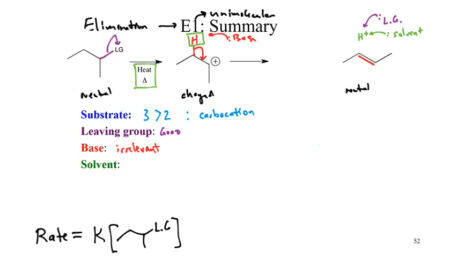The solvent, I'm really just going to say, it's not that it's irrelevant, it's that it's misleading. Because when we go through and look at the elimination reactions, both E1 and E2 tend to have the same type of solvent, and they're artifacts of the presence of the base. Okay?